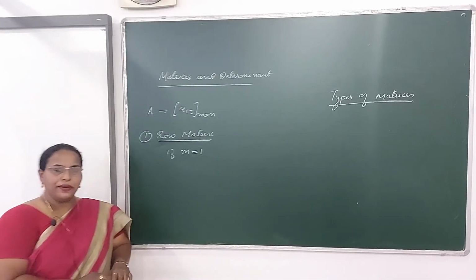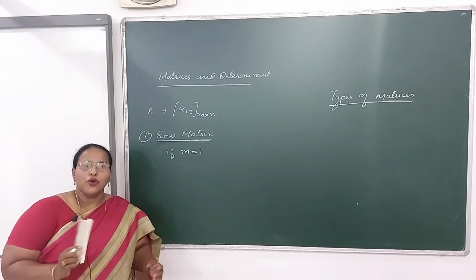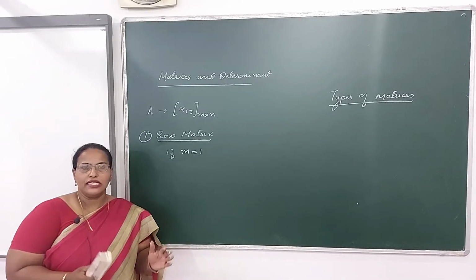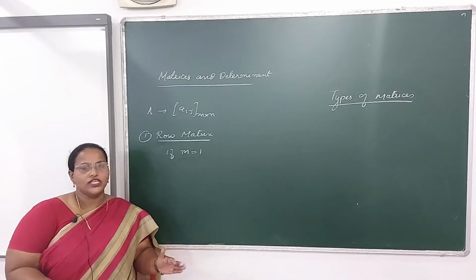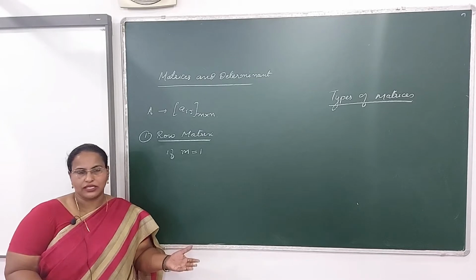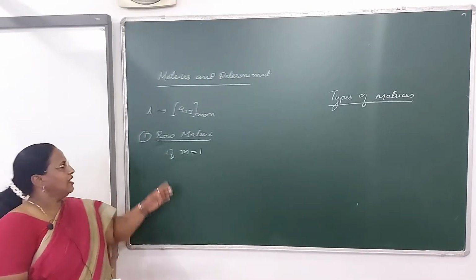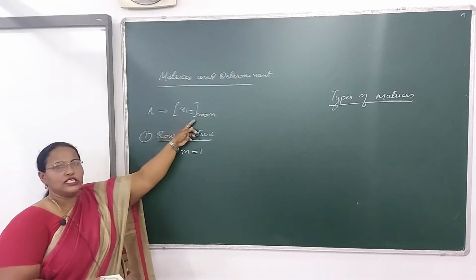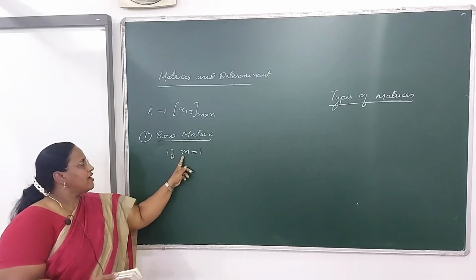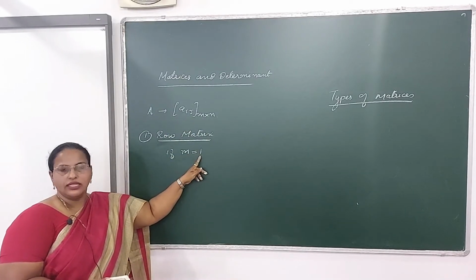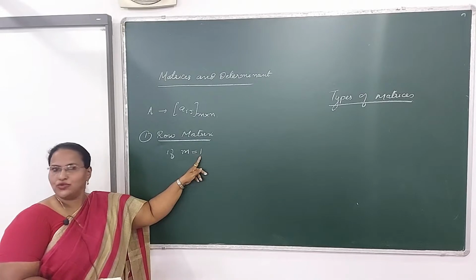Once again, let me repeat it. Row matrix means a matrix having a single row. Or the other way, if A is a matrix [Aij] of order m by n, if the value of m is 1, then the matrix will be called a row matrix.